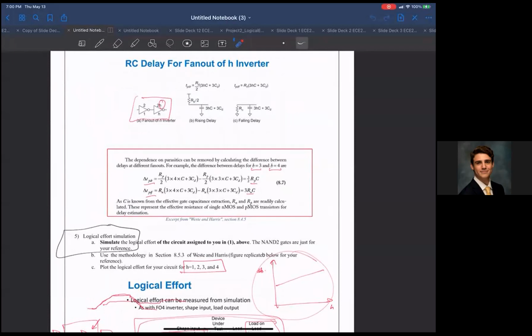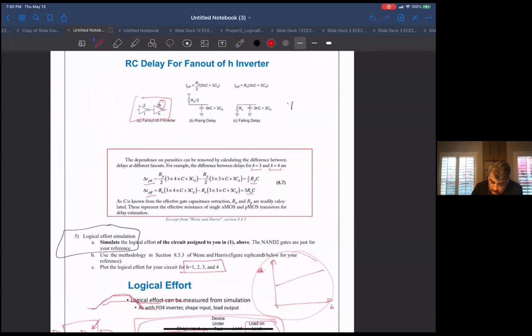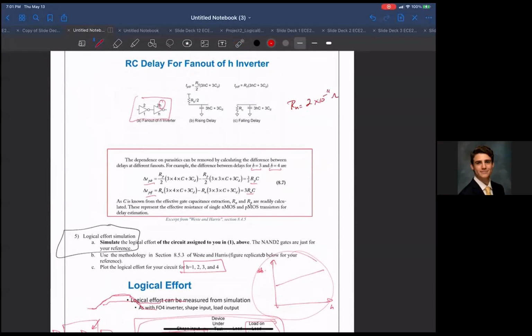Is that something to be concerned about? Yeah, that's really small. Wait, you're getting an R_n of 2 times 10 to the minus 4 ohms? No, 3.9 times 10 to the minus 4, but still. Yeah, that's still no. I mean, you should be getting something like kilo ohms.